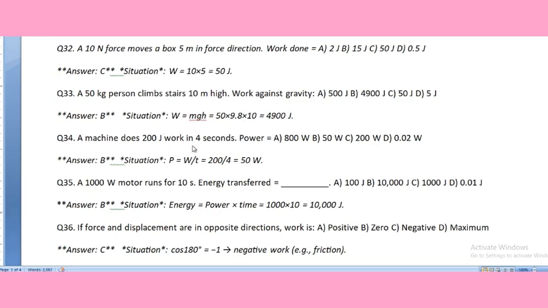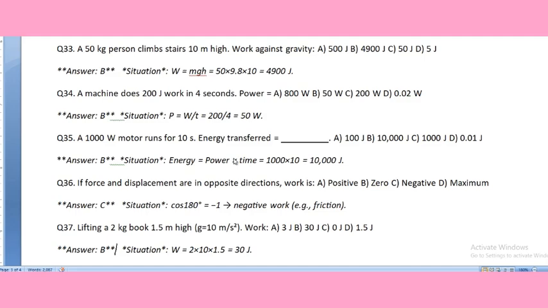To get the power of the machine, we have to know the work done, or the energy transferred, and the time in seconds. Power is equal to work done over time. Instead of W, we have 200 joule, and instead of time, we have 4 seconds. Inserting the given values, 200 divided by 4 is equal to 50 watts. So the correct answer is B.